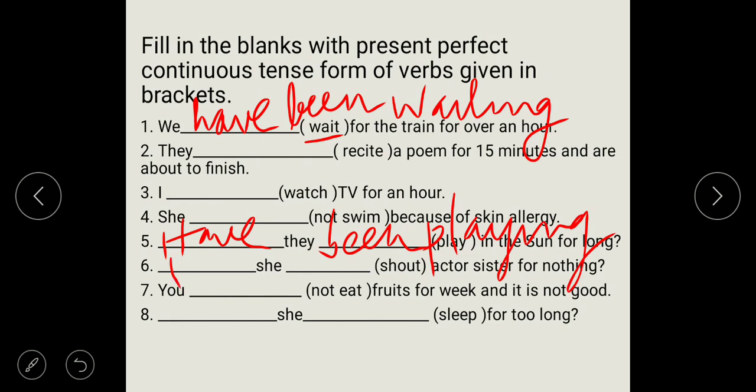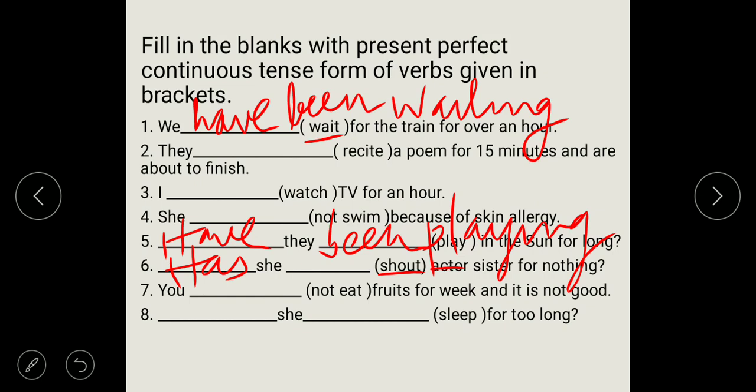Okay. Sixth one, she. Then what will come? Has she been shouting? First form of verb plus ing. Has she been shouting at her sister for nothing? Seventh one, you have not been eating. With you we have to use have.